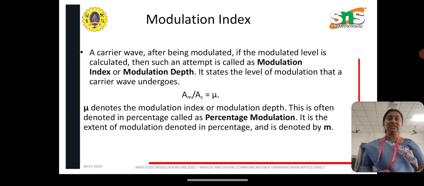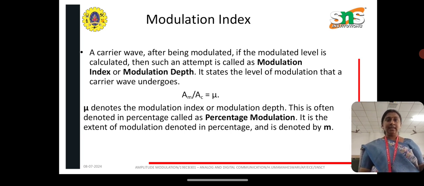Then the next topic is the modulation index. After modulation, the modulation level is calculated. That calculation is called the modulation index or modulation depth.